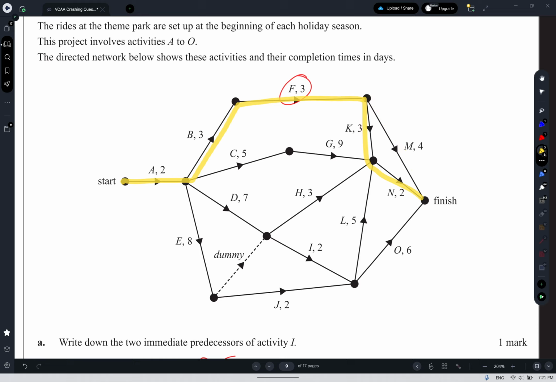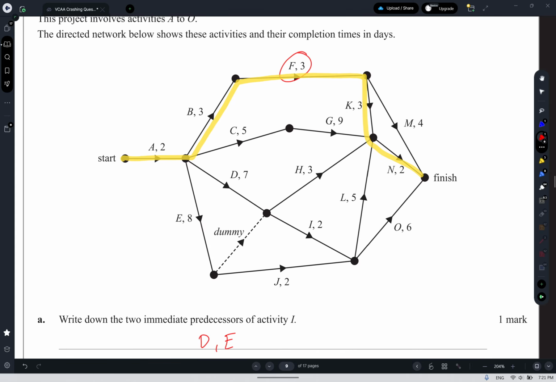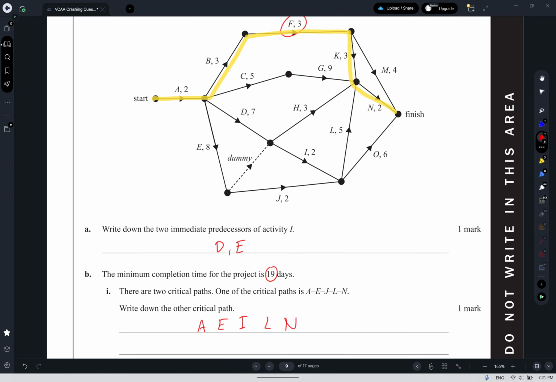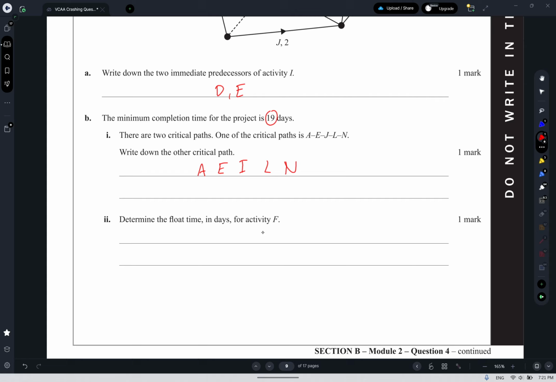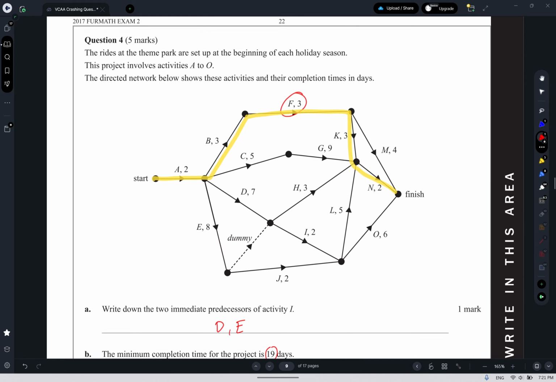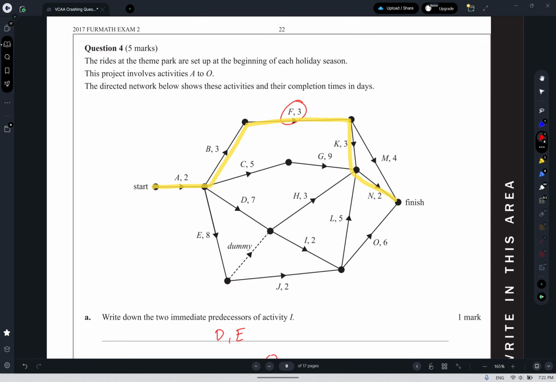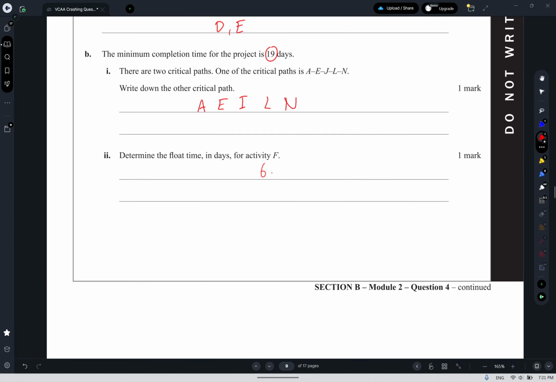So the longest possible route involving activity F is 2 plus 3, which is 5, plus 3 is 8, plus 3 is 11, plus 2 is 13. The length of the critical path is 19, so we could delay F by up to 6 days, which means it has a float of 6. Only 28% got that, which is interesting. I suppose it's tricky if a lot of people try to do it using the boxes for backward scanning, which tends to be error prone, as we can see by that question.